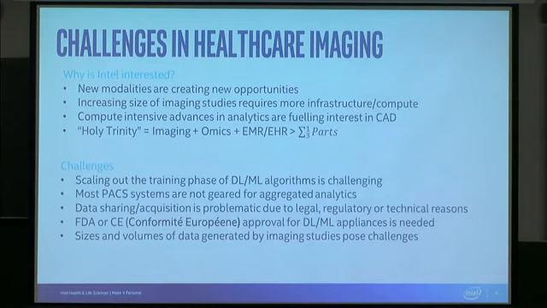Also, the sizes and volumes of imaging pose a problem for us in terms of storage and processing. We have to find an efficient way to store this huge amount of images and quickly process them.